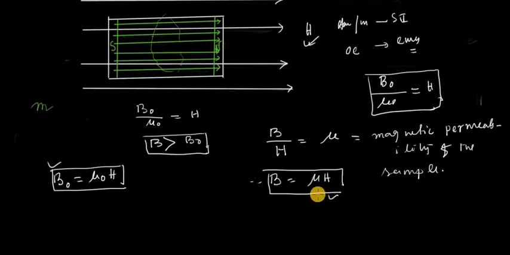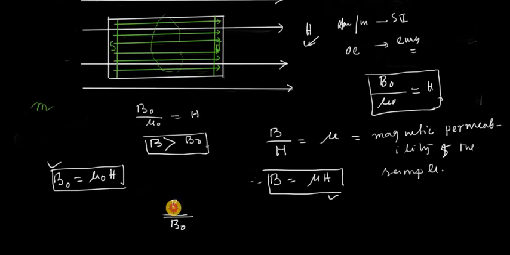So mu is the magnetic permeability of the sample. How much the value of lines of force increases in presence of the magnetic material in this region? Initially the number of lines of force is B0 when there is air medium, but now in place of air medium we place a magnetic sample.